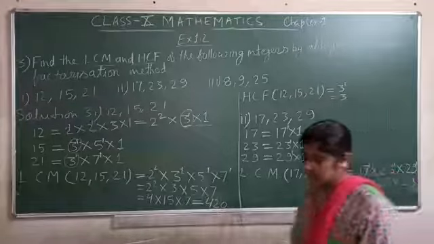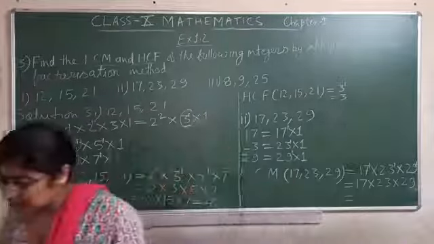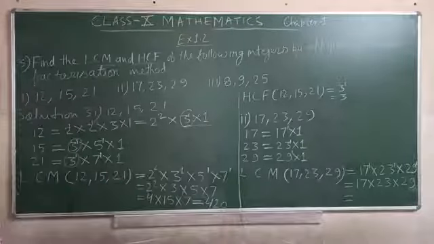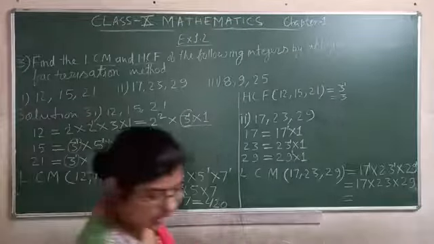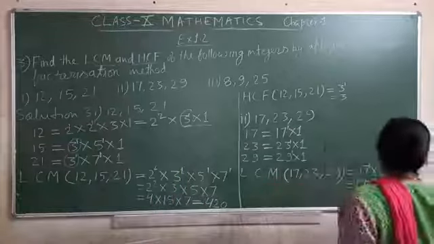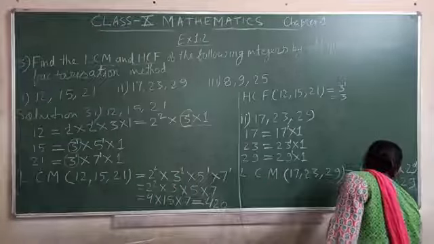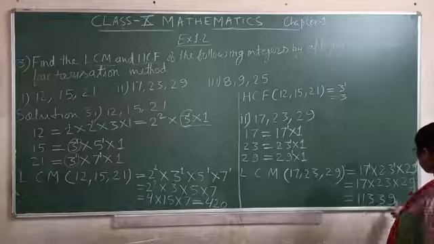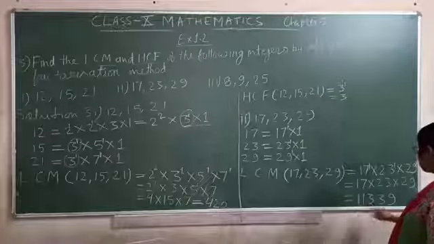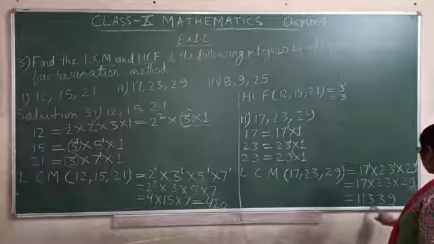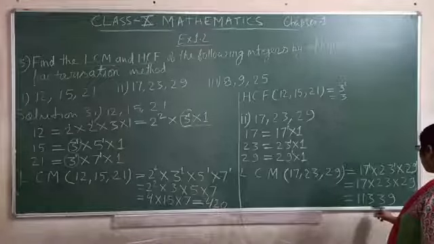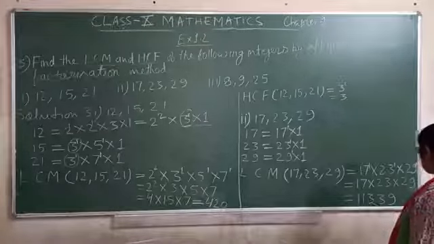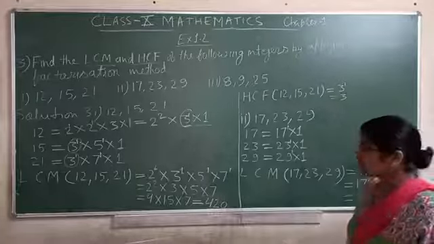Okay, we have to multiply these all, and after multiplying, when you multiply these all, you will get 11,339.